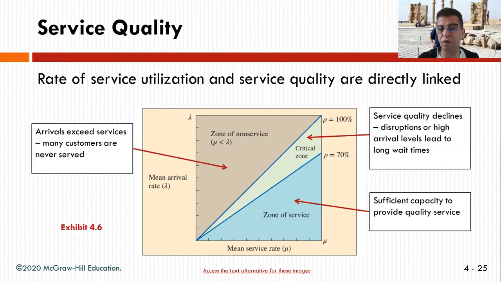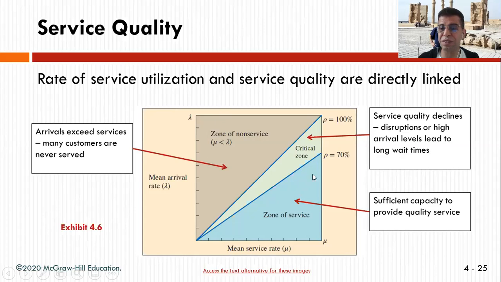At the 70% level, if the average number of people coming in takes less time than the service provided, then you are at a sufficient level, which is the sufficient capacity.